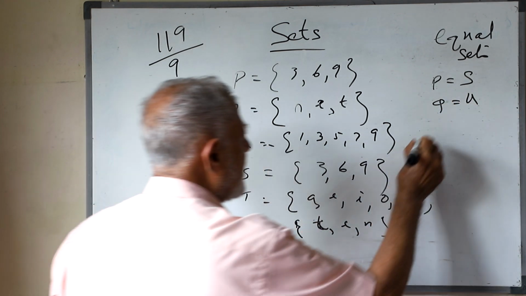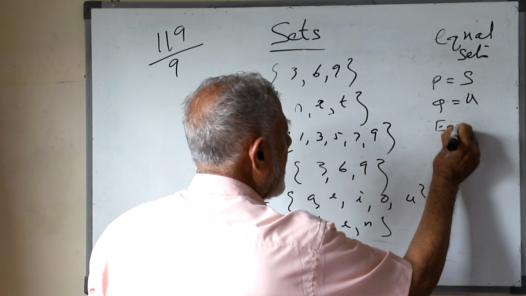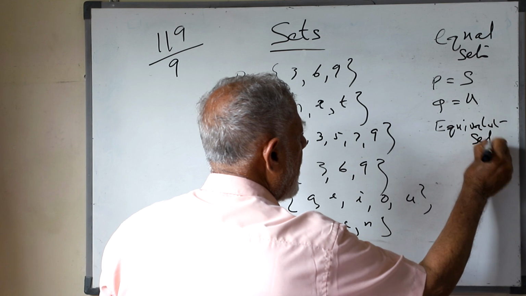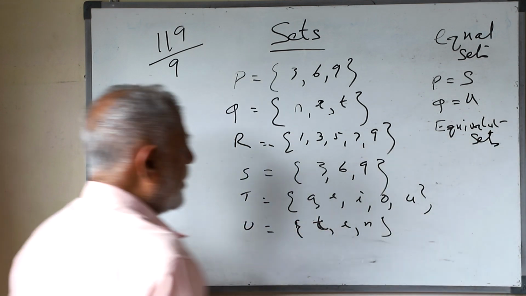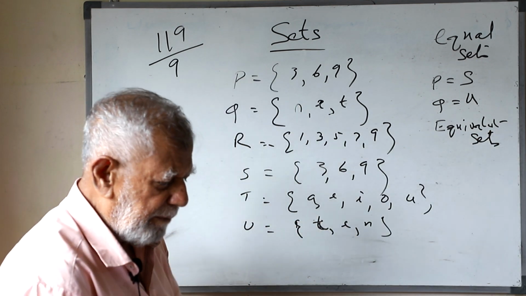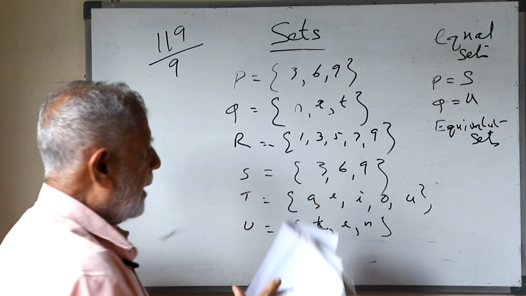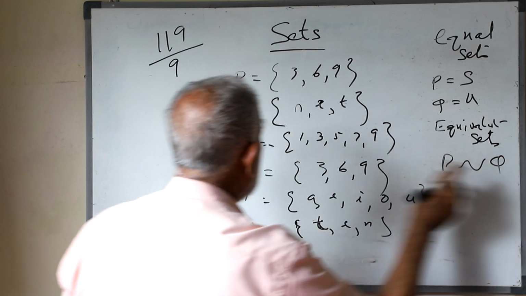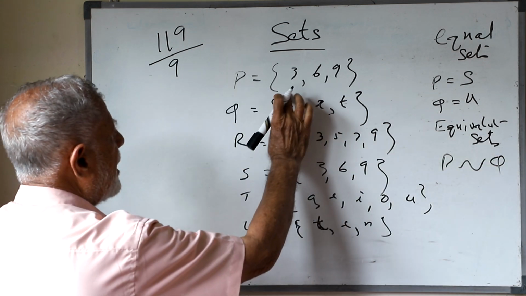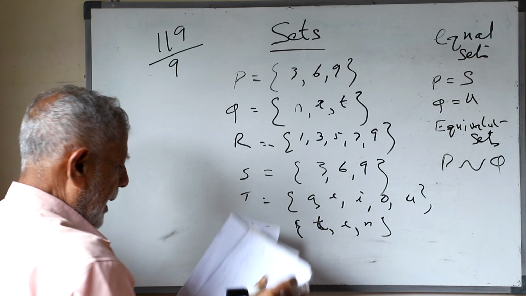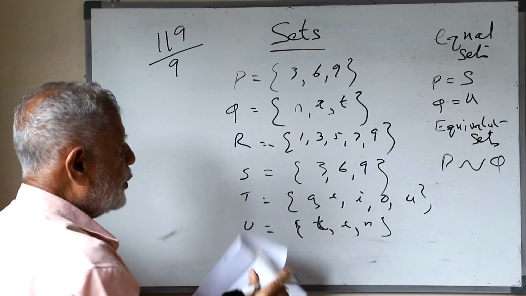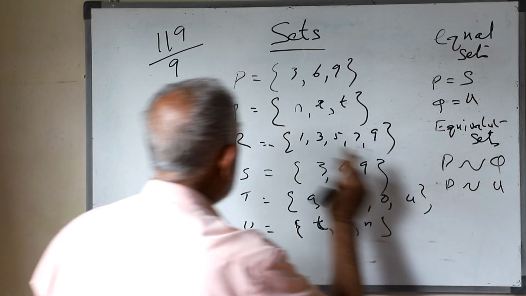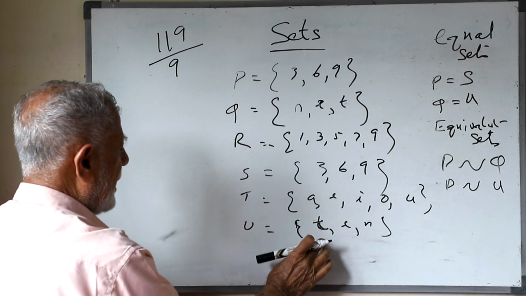Then equivalent sets. For equivalent sets, only the number of elements must be equal. First of all, we have P equivalent to Q, because there are 3 elements. Then we have P equivalent to U, 3 and 3.